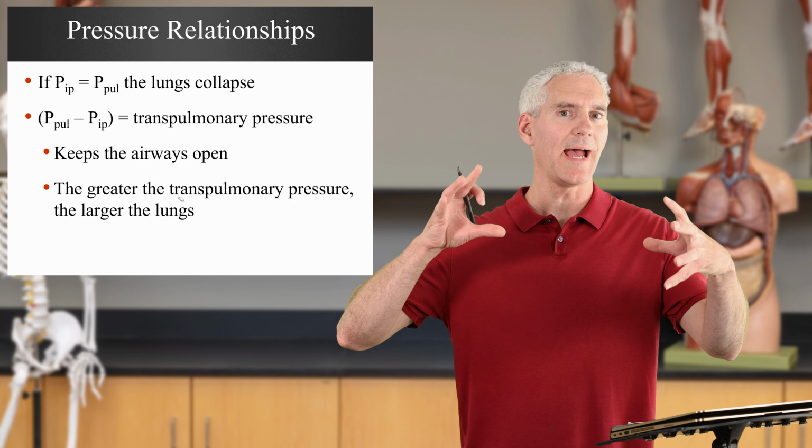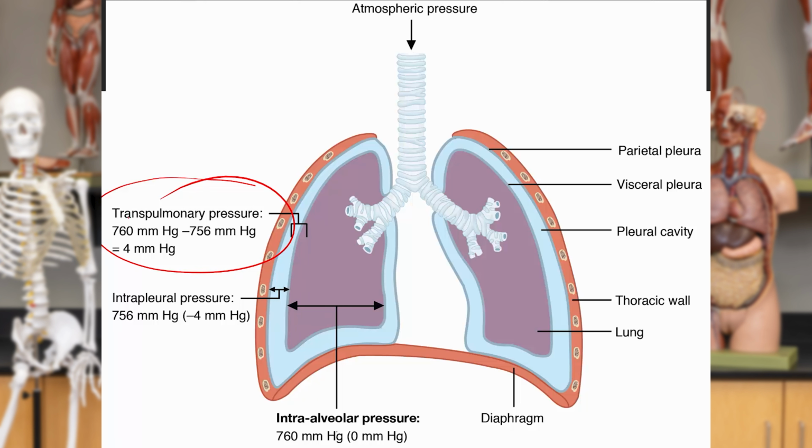That's what's in between the visceral and parietal membranes. So you notice there's a 4 millimeter of mercury difference. And that's where the transpulmonary pressure comes from. 760 millimeters of mercury minus 756 millimeters of mercury, -4 millimeters of mercury, is your transpulmonary pressure.